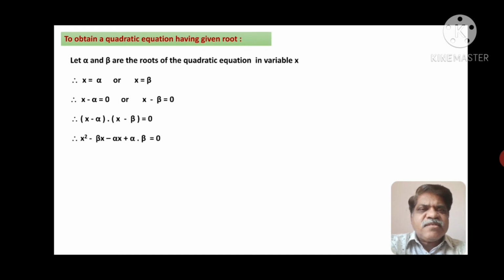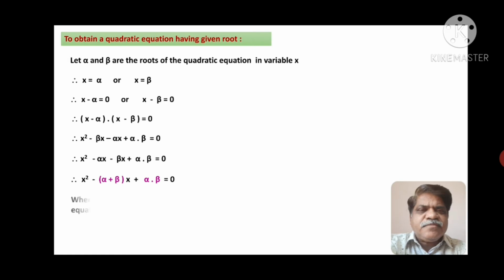We will solve this. x square minus beta x minus alpha x plus alpha into beta is equal to 0. Therefore, x square minus (alpha plus beta) x plus alpha into beta is equal to 0.